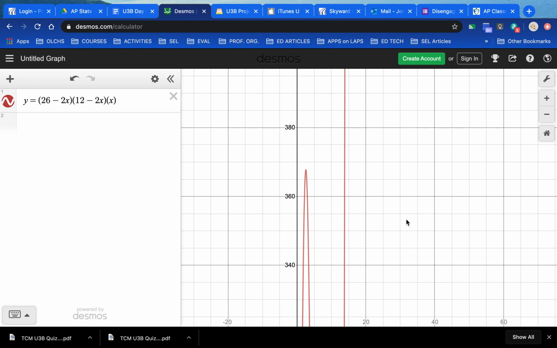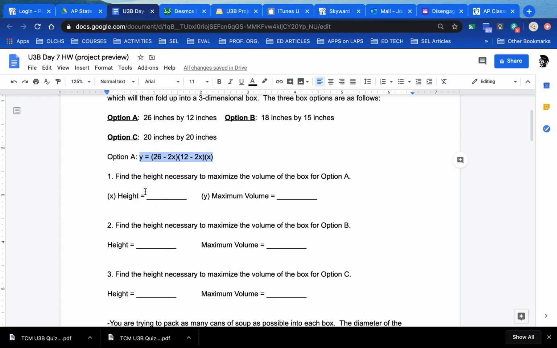And there it is. So if you follow this arrow, it's going to go up to a peak, it's going to come down, and then it's going to go up forever. So you always want to find this first peak right here. Now, these decimals are going to happen. That's okay. This right here, I'd say 2.58 is the x value, 2.58.